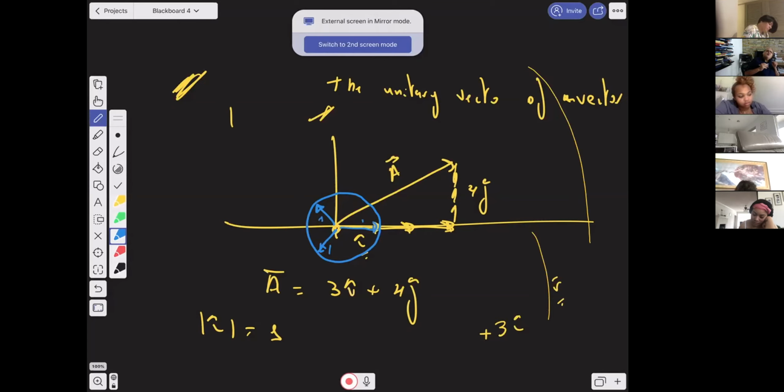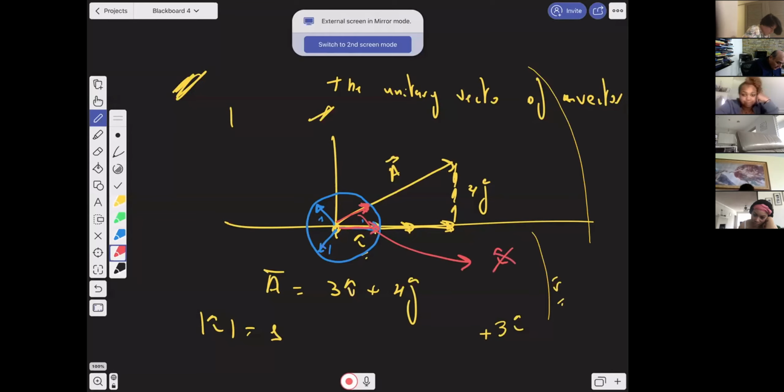And the idea is that there is one particular vector that I want to find. It is this one, the one in the direction of A. This is the unitary vector that I want to find. So let's find it. I cannot call this vector i because the vector i is this one.